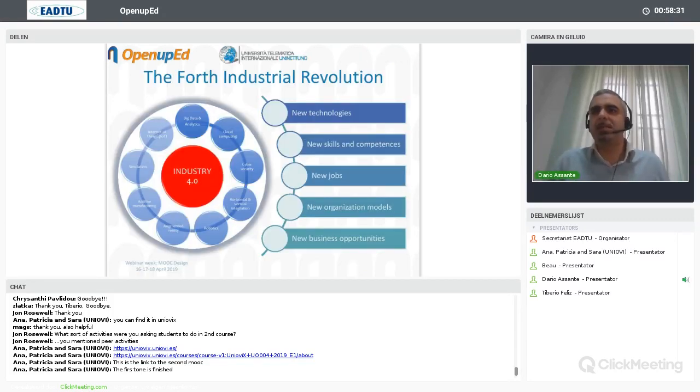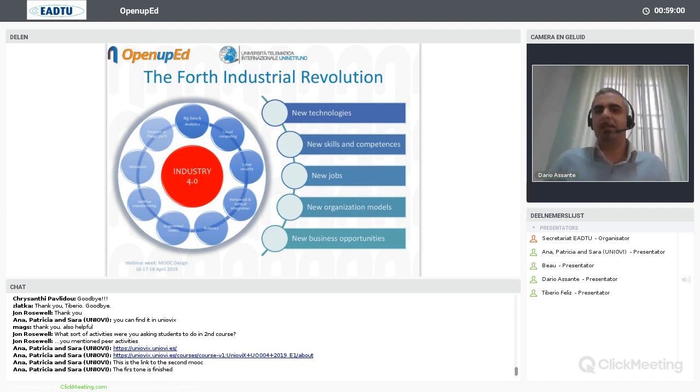Industry 4.0 is a general paradigm that has been introduced in the last 10 years due to the sudden advent of several digital technologies, from Internet of Things to cloud computing to augmented reality to advanced manufacturing, that didn't exist or were not so popular 10 years ago.